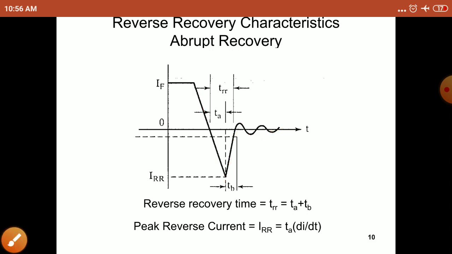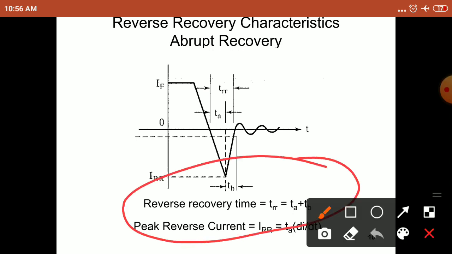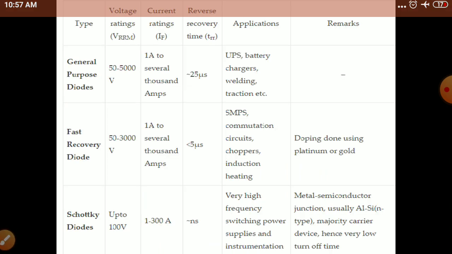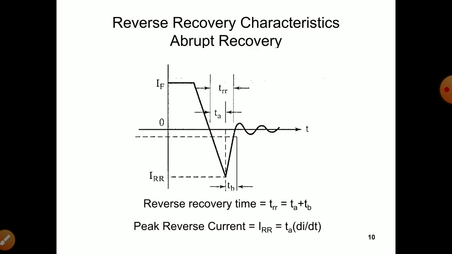Here also you can calculate the reverse recovery time using the same formulas, TA and TB, and the current using the same formula. The difference is that in the previous case, soft recovery, the recovery of the diode happened in a very linear fashion, while here it happens abruptly. That's about soft and abrupt recoveries of the diode.